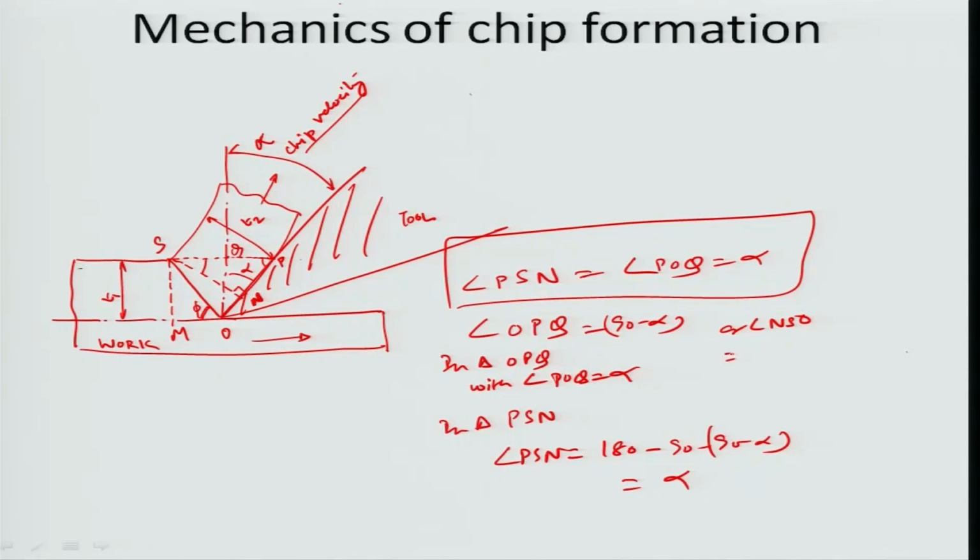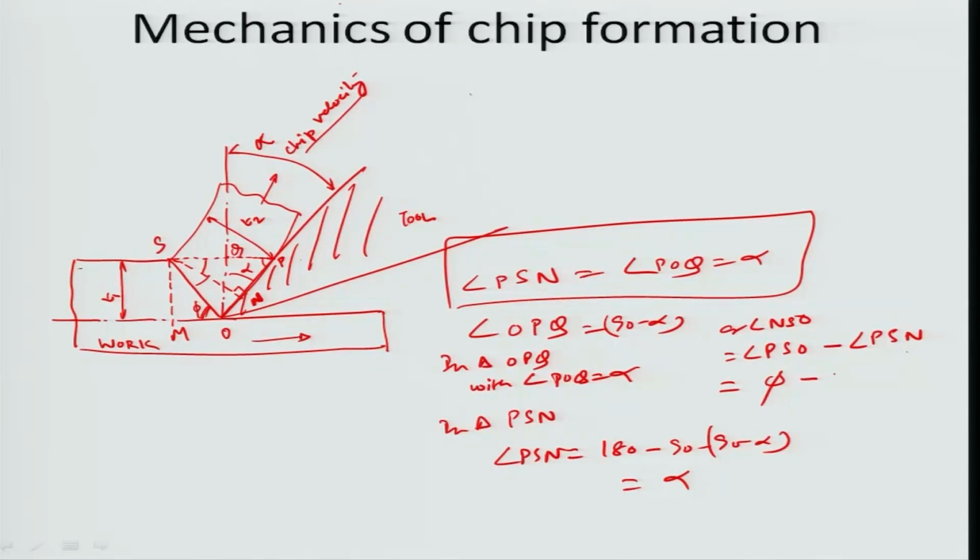So, we have this angle PSN and angle POQ being equal to alpha, or angle NSO, the angle right about here, should be equal to the angle PSO minus the angle PSN, and angle PSO is nothing but phi, because these are alternate angles and they are equal to each other.